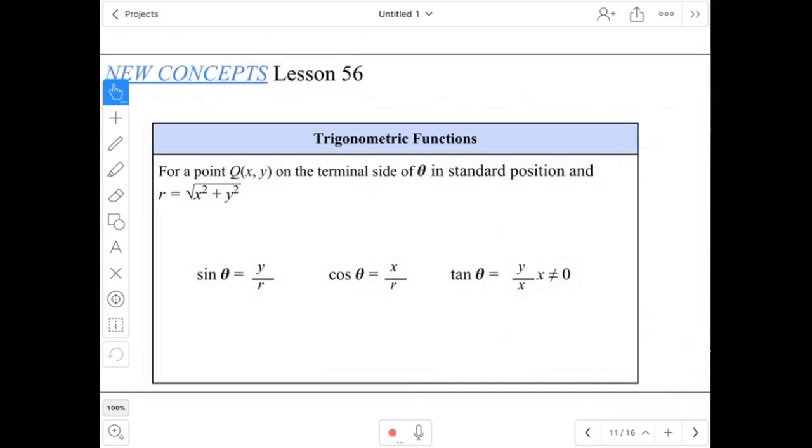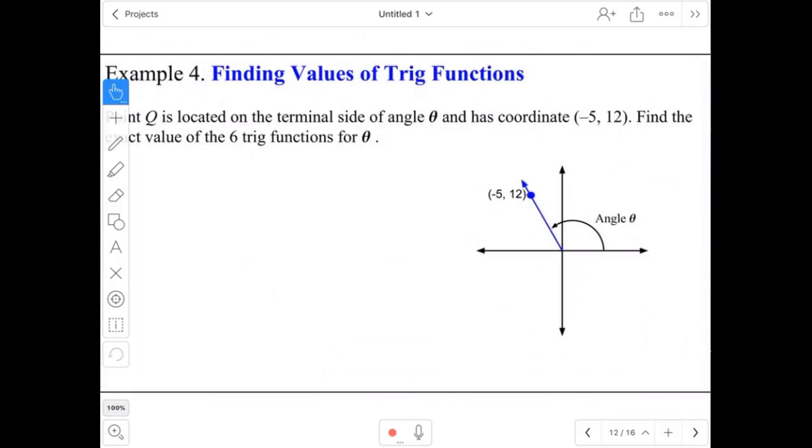Okay, so this might be a little bit confusing. However, I would like to point out sine will still be opposite over hypotenuse, cosine will still be adjacent over hypotenuse, tangent will be opposite over adjacent. However, it's all about where the right triangle is so that we can figure out what those values would be.